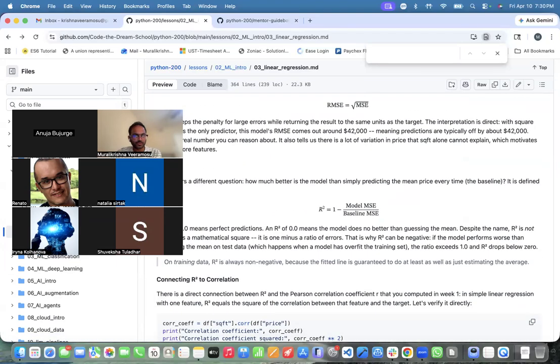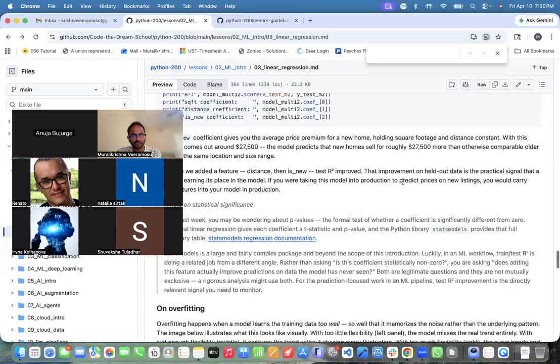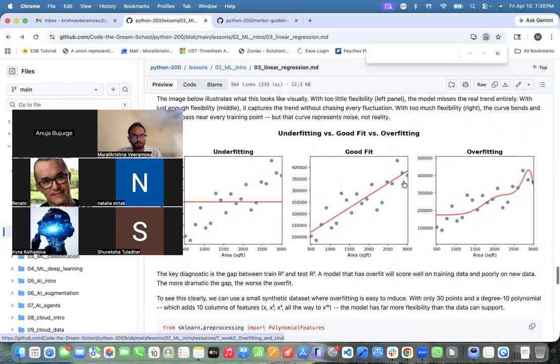Right, and R2 basically measures how much better the model is than simply predicting the mean price, right? If you see here, let's say this is our model. In this example, whatever the square feet is, the price is 250K.